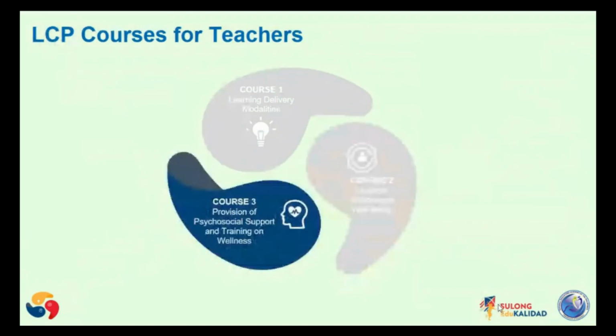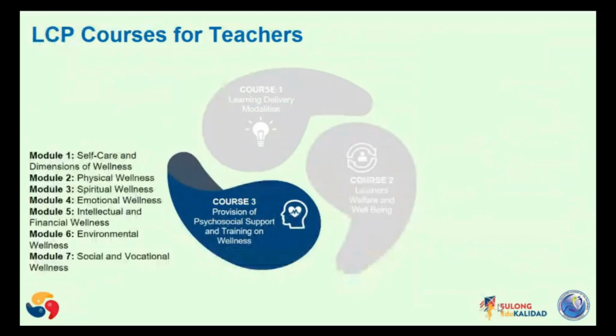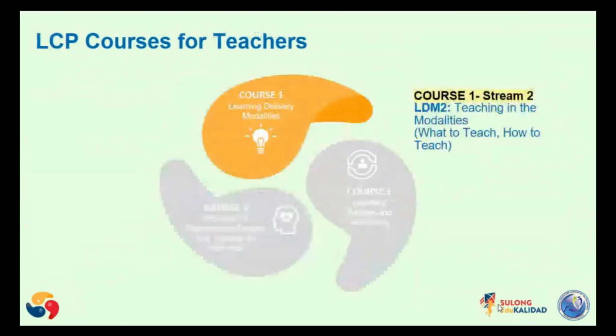But for course 3, we have the provision of psychosocial support and training on wellness. We have mentioned this already in the previous slide on the 7 modules included in the course 3. For course 1, so that we can proceed on the learning delivery modalities.